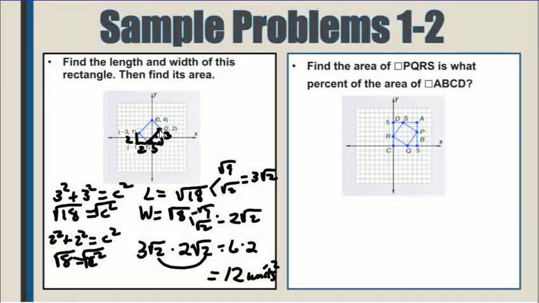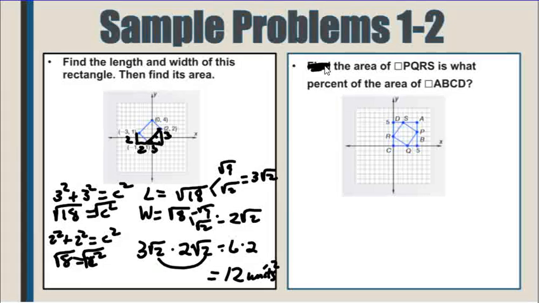Next one, find the area of square PQRS is what percent of the area of square ABCD. We need to find the area of the smaller square and the area of the larger square.